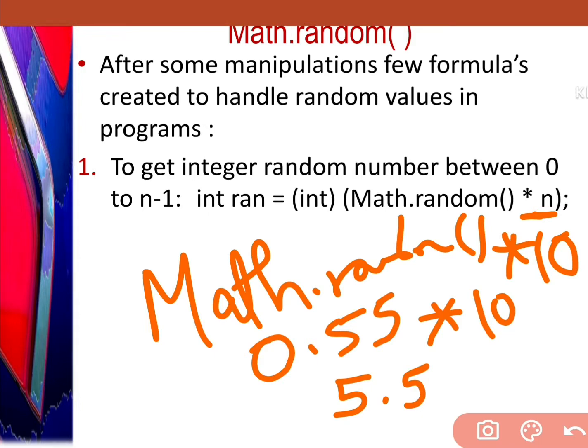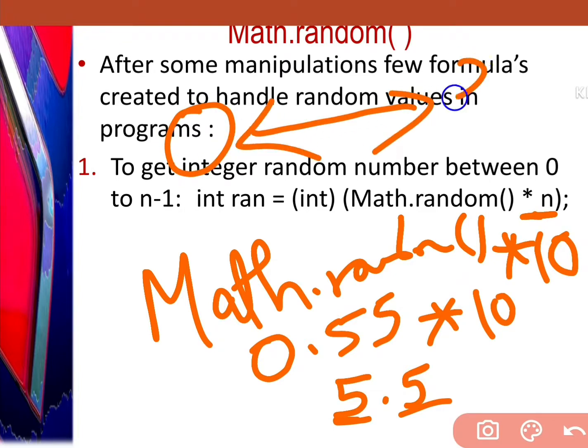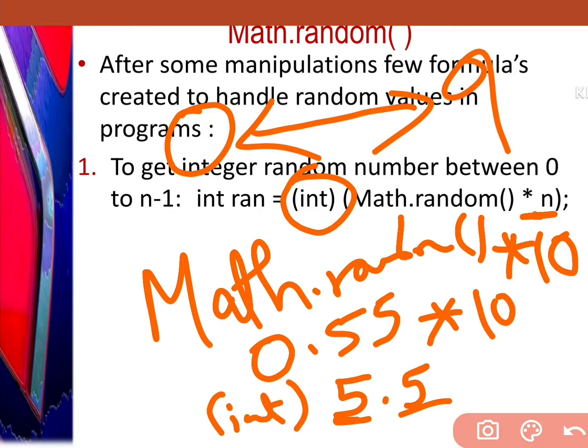Still we are getting a random number, but the decimal point moves and the 5 is placed here. But I want 5 only, not 5.5, because I want numbers between 0 to 9. I don't want a point value. That's why I wrote int here. Writing int means we are converting it into an integer. Then we get 5 as our random value between 0 to 9.